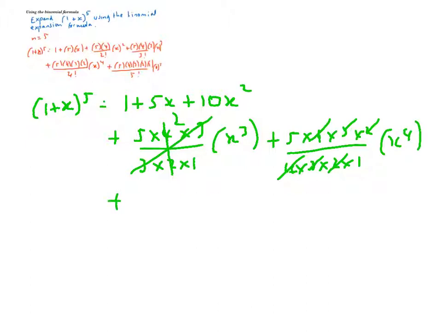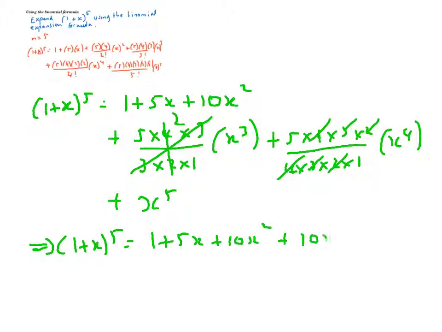Plus, we already said this is 5 factorial divided by 5 factorial, so that's just 1 x to the 5. So to simplify, 1 plus x to the 5 equals 1 plus 5x plus 10x squared plus 10x cubed plus 5x to the 4 plus x to the 5.